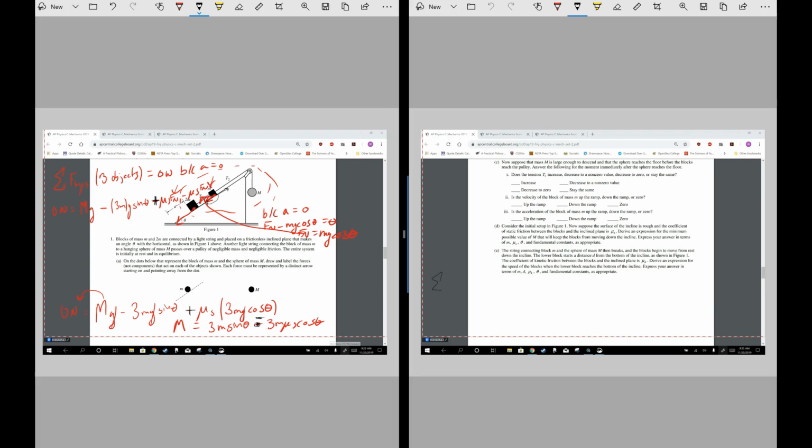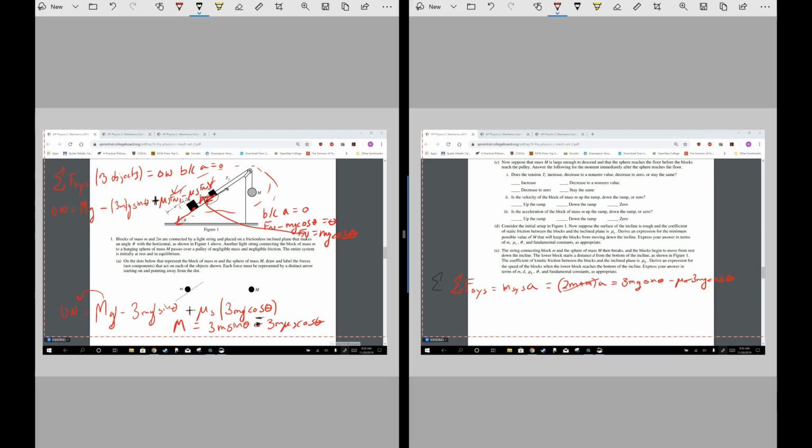All right, so earlier we talked about what forces act on these two block system. So we would now have to write Newton's law again, saying, okay, the sum of the forces on this system equals the mass of the system times A. And so this would be 2m plus m times A. And we're going to have the 3mg sine theta assisting the acceleration, and the mu k 3mg cosine resisting that motion.